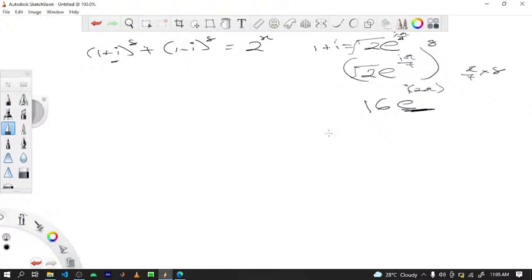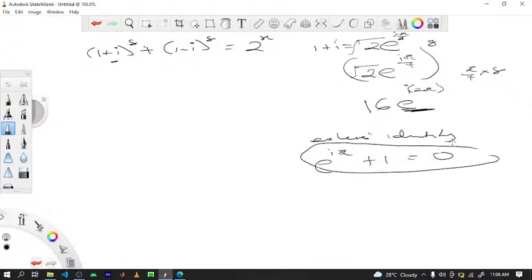Because remember Euler's identity: e to the power i pi plus 1 is equal to 0. This particular identity aids in a lot of complex number calculations.